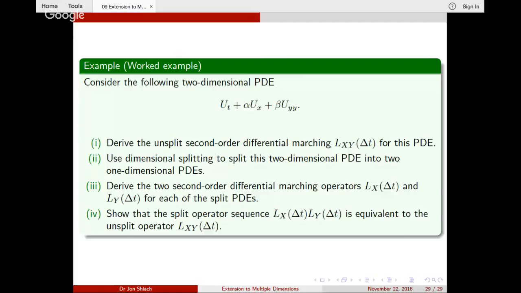So a double derivative is just simply a first derivative applied twice. And from the first equation, we see that delta t u is minus alpha delta x u.